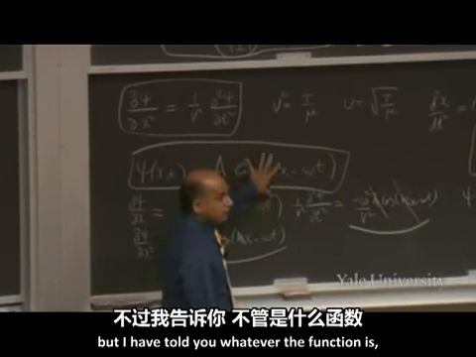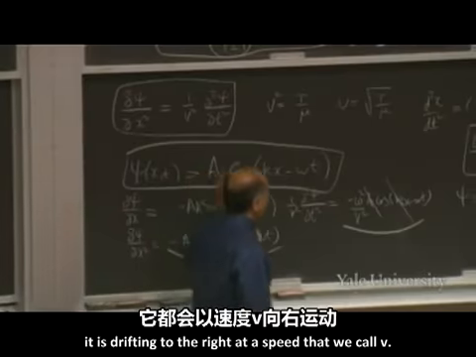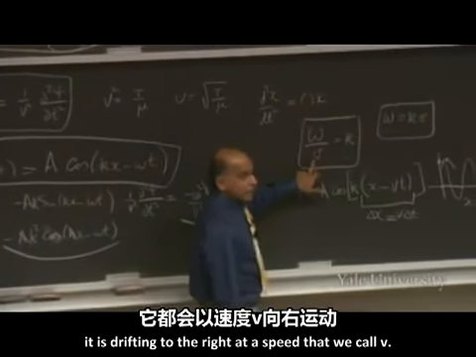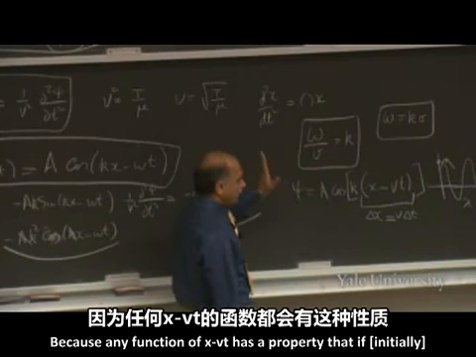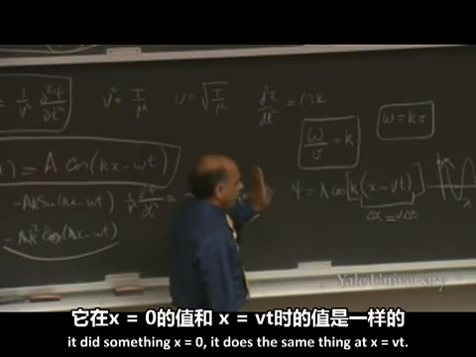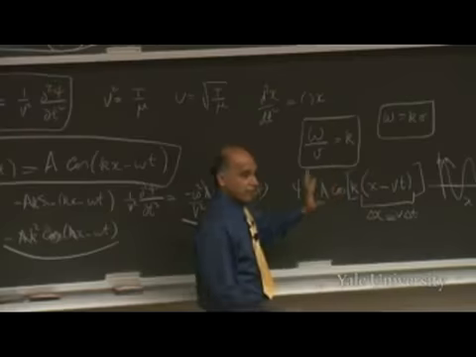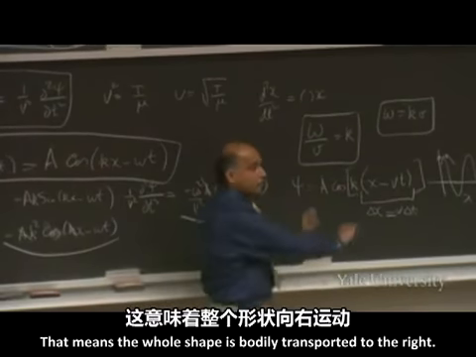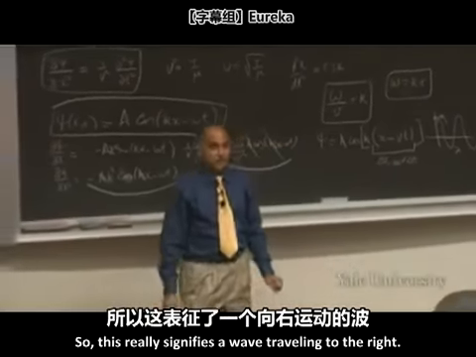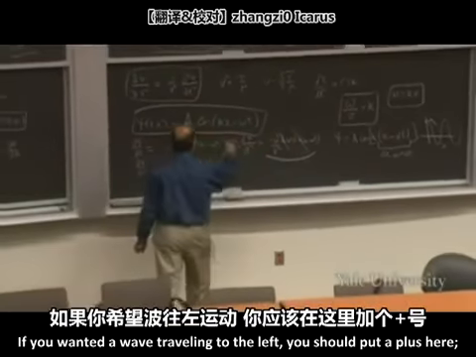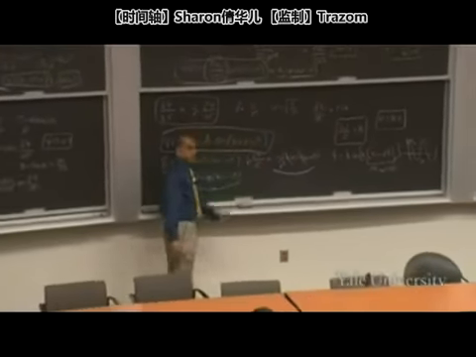But I have told you whatever the function is, it is drifting to the right at a speed that we call v. Because any function of x minus vt has a property that if it did something at x equal to 0, it does the same thing at x equal to vt. That means the whole shape is bodily transported to the right. So this really signifies a wave traveling to the right. If you wanted a wave traveling to the left, you should put a plus sign here. Then it will go backwards.